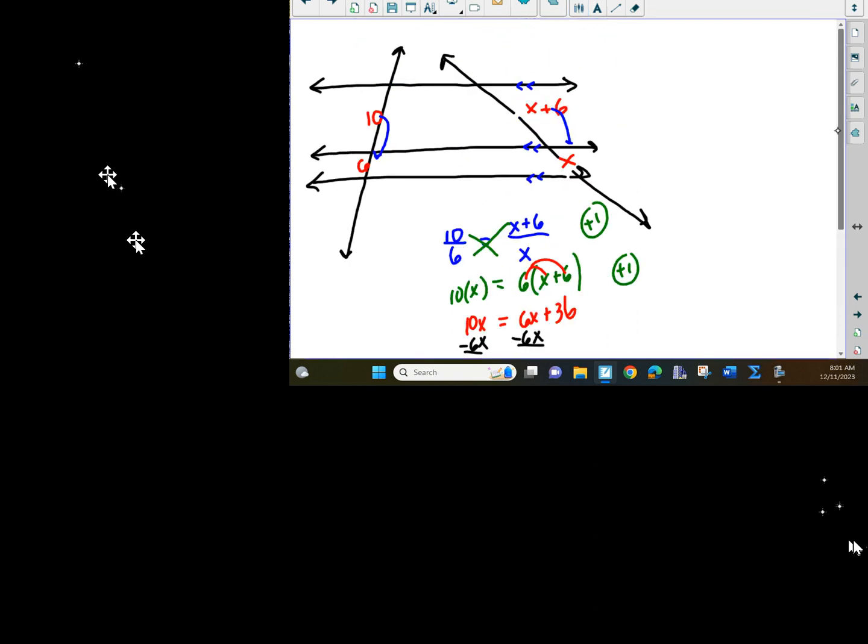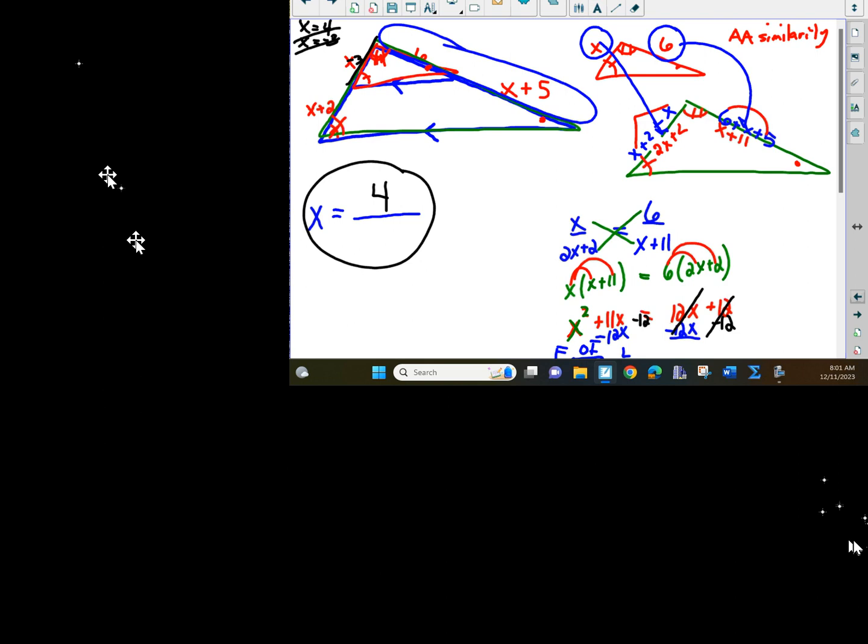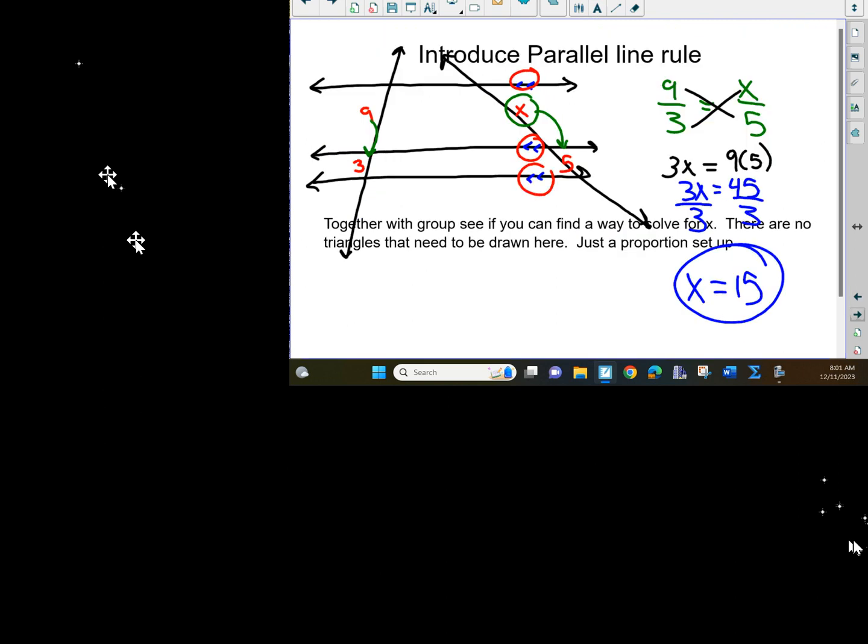All right. And again, this is a lot different than when we had the 2 parallel lines right here. The main thing you have to realize is you want these parallel lines going horizontally across like this, and then you can go top to bottom, top to bottom.